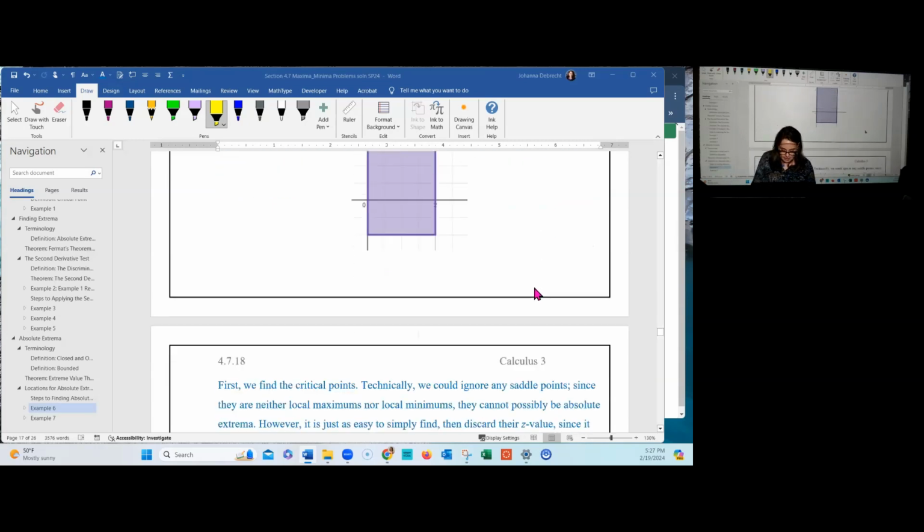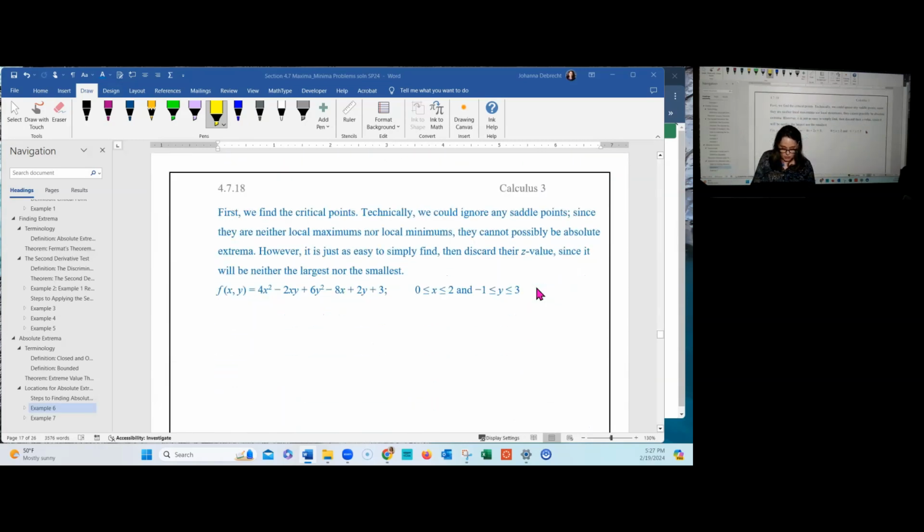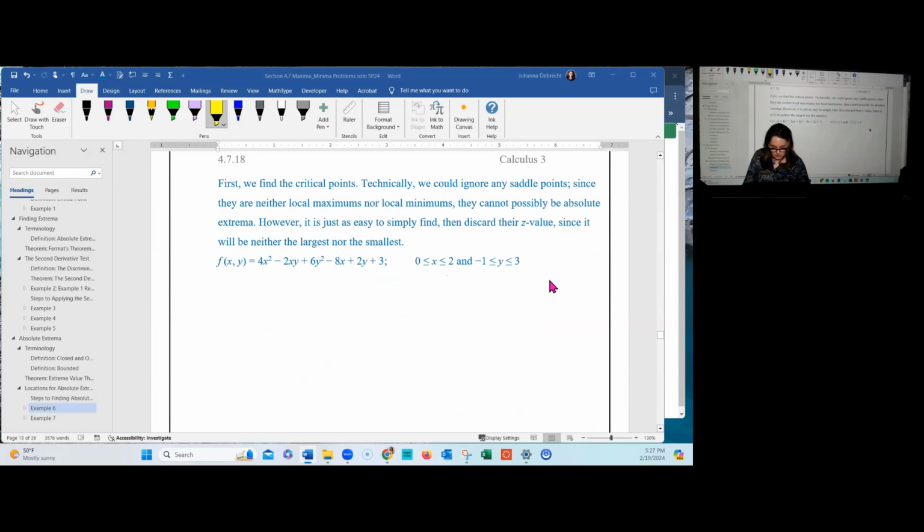Let's go ahead and start with the critical points on the interior. In order to find the critical points, find where the first partial derivatives are both 0. Pause the video now to work it out, then turn it back on to check your work.